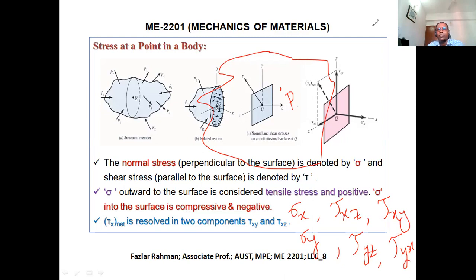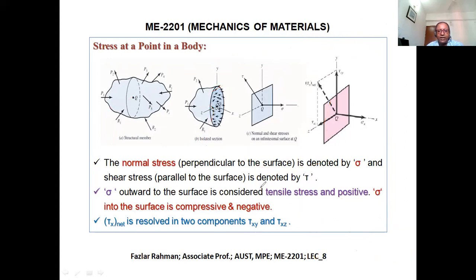So we'll have one more sigma z, tau zx, tau zy. So you see a total of 9 stresses work at a single point. Not just a single point: whatever point you consider, there will always be 9 stresses working. Okay, that you need to remember.